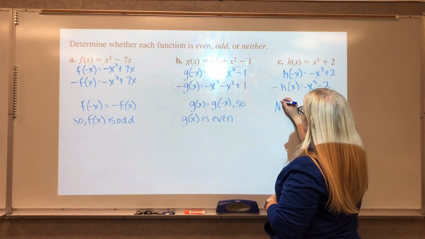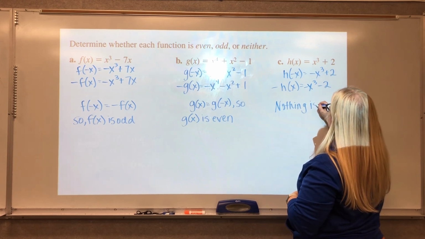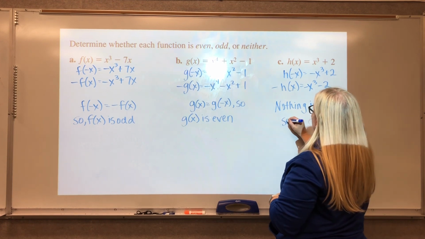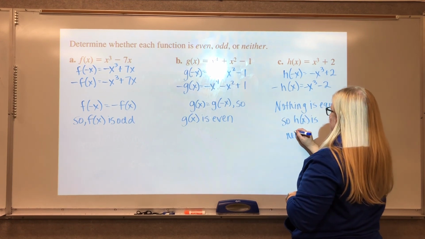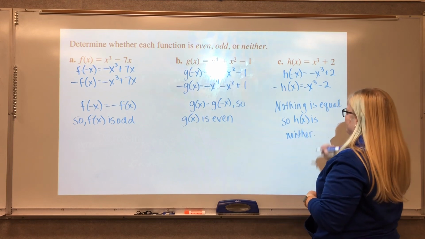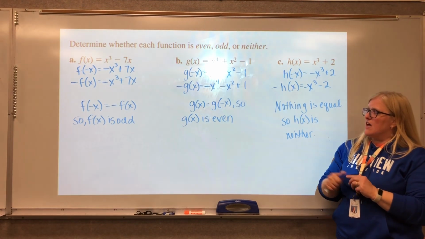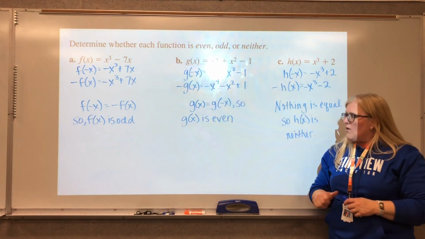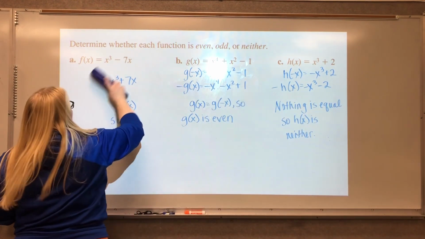Well, nothing is equal. So h of x is neither. Okay? All right, when you're asked about this on the test, this is the kind of thing they're going to be looking for.